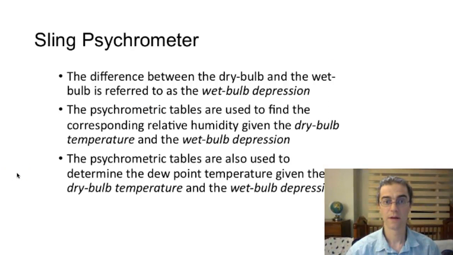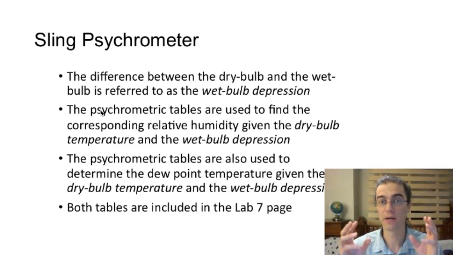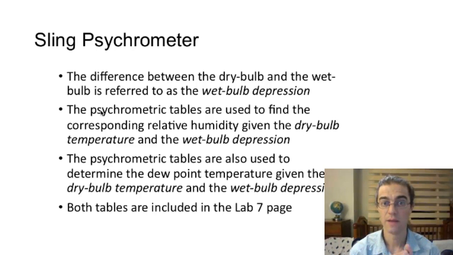The slides are acting up here for a little bit for you. So the difference between the dry bulb and the wet bulb is referred to as the wet bulb depression. And the psychrometric tables, which are part of our lab and included as files as well, are tables with a bunch of different values on them.